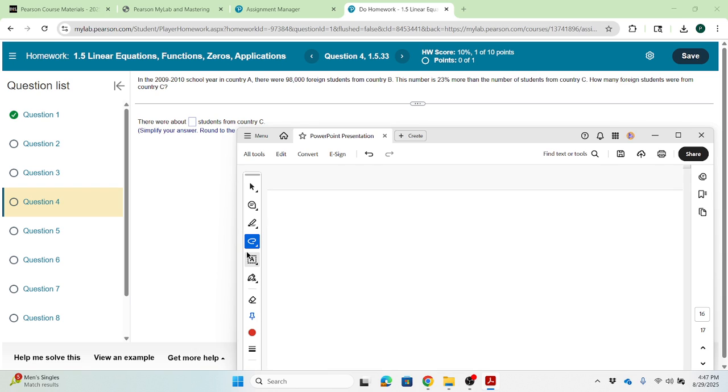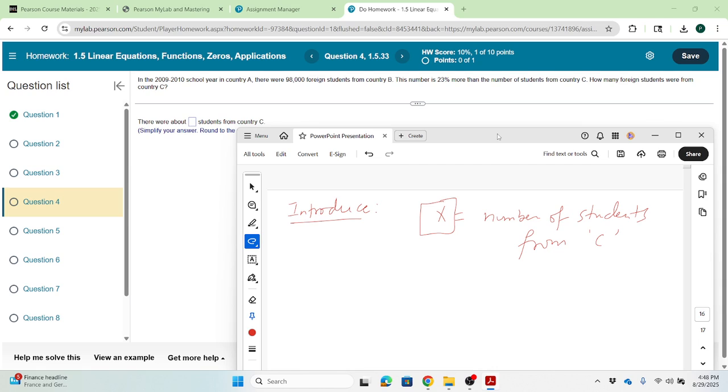So what we can do is introduce a variable. Let's say x is the total number of students from country C. So now we know x is the total number of students which we would like to find exactly.